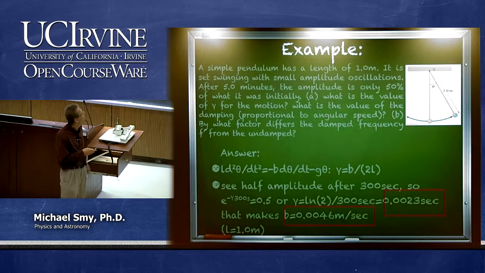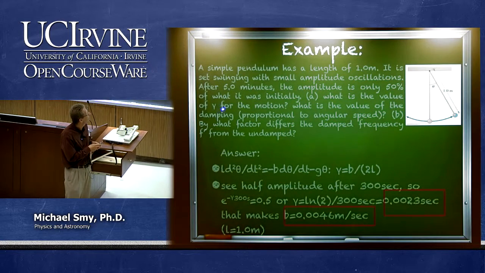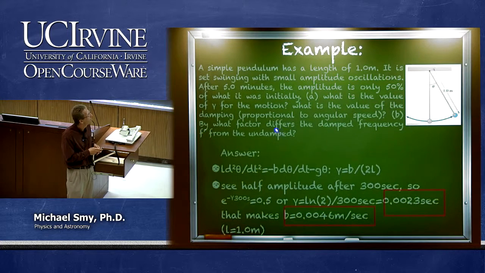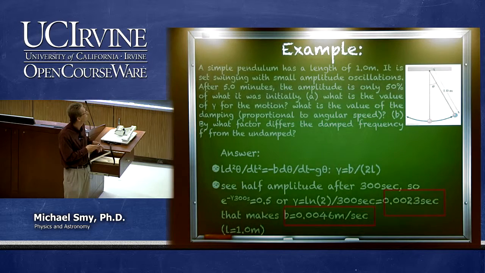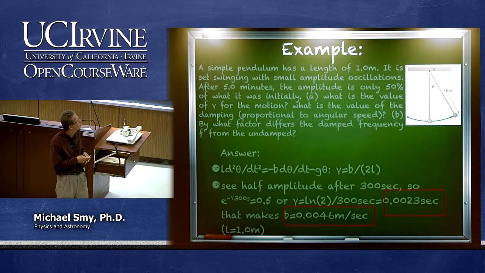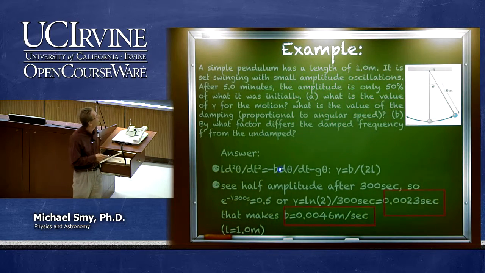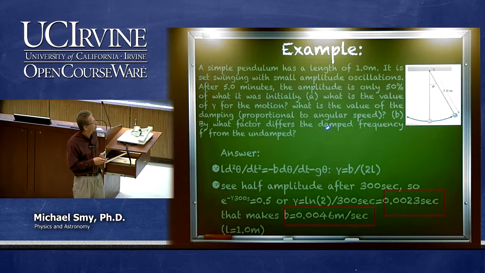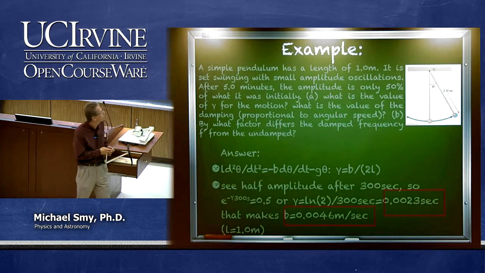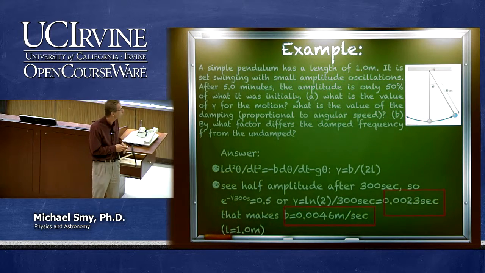So the question is, what is the value of gamma for that motion? And also, what is the value of the damping coefficient, which is proportional to the angular speed? And then the B part is by what factor differs the damped frequency f from the undamped frequency?